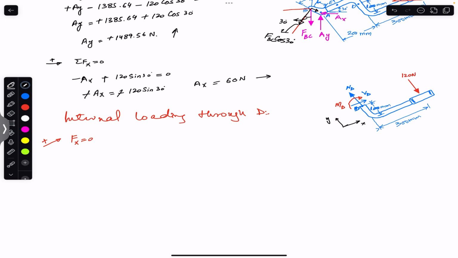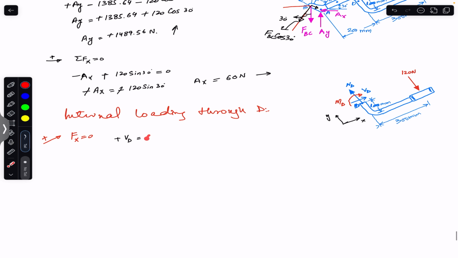VD is in the positive X, so we will write plus VD, and there is no other force in the X. So this means that the resultant internal shear force at the cross section through D is equal to 0 Newton.